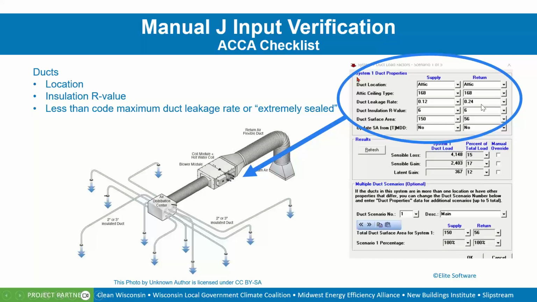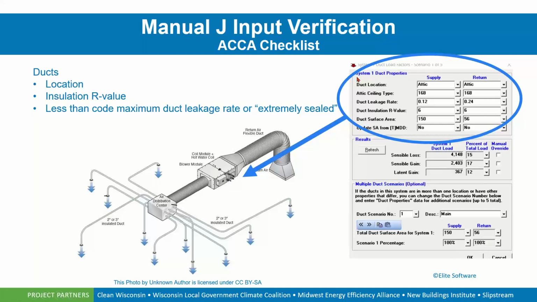We assign our duct leakage, where we think we're going to be with our duct leakage, or where we would like to be, and so we can aim for that. Our duct insulation value and our surface area calculation, duct work will be calculated based on the run. So all of this works in conjunction to give us some sensible loss and gain calculations of system one based on our duct work.